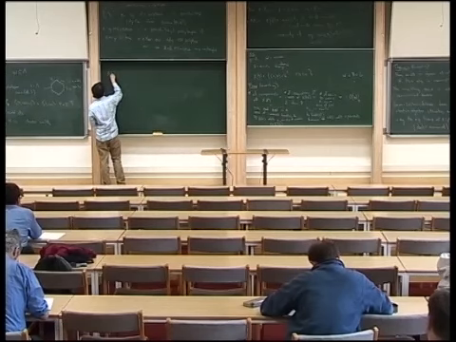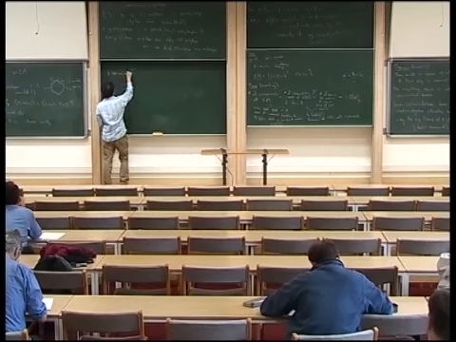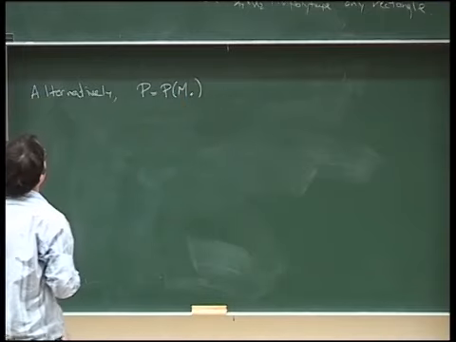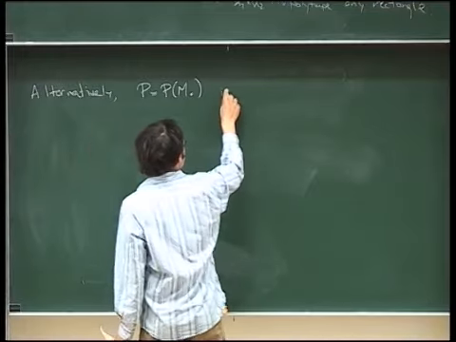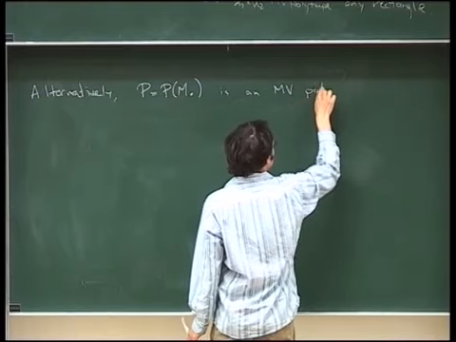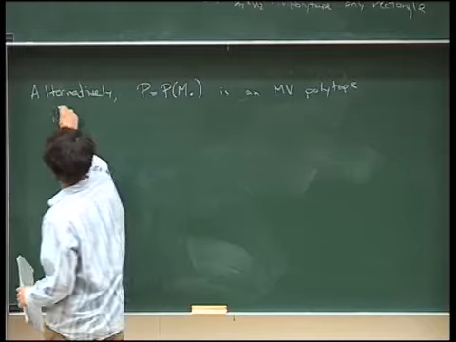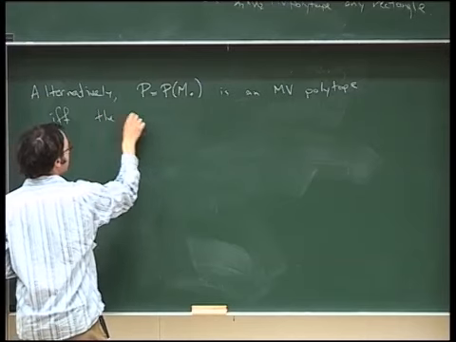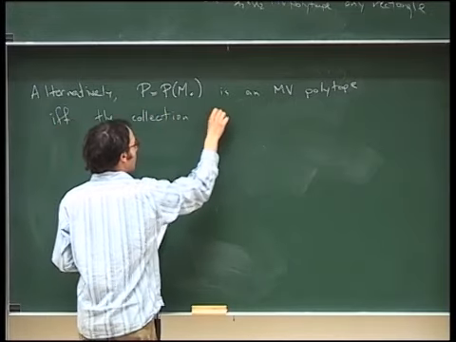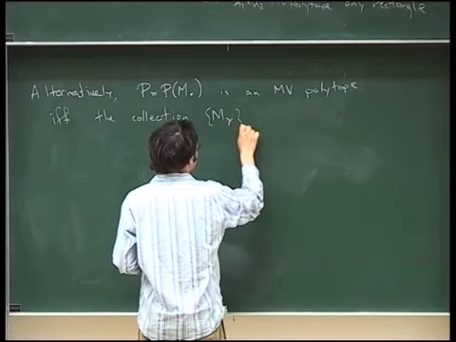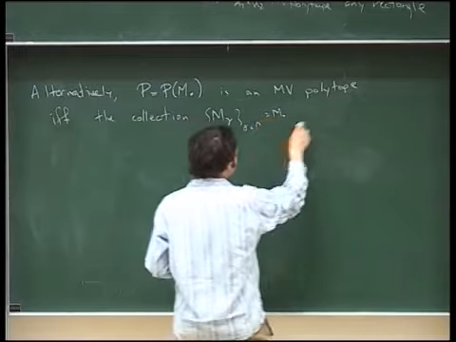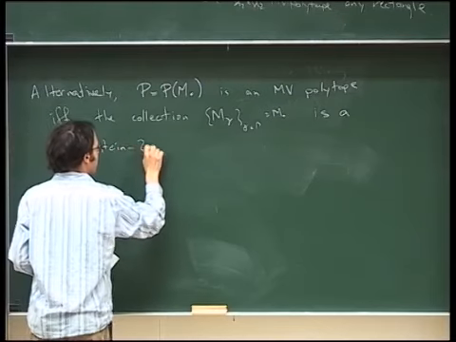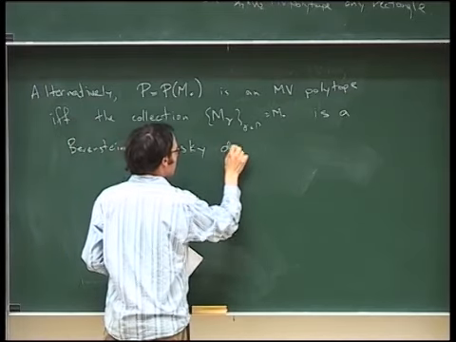Alternatively, a polytope P coming from one of those collections of integers is an MV polytope if and only if the collection M dot, so these two things mean the same thing, is Bernstein-Zelevinsky data.